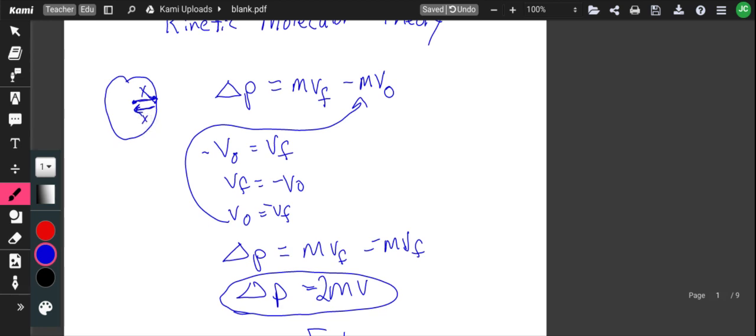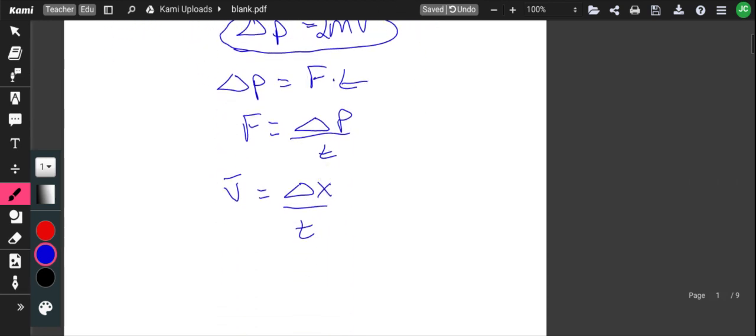So that means that if it starts at a point, goes over, and comes back, that's 2x. So v is equal to 2x divided by t, or we could say, in this particular case, v times t is equal to 2x, or we could say that t is equal to 2x divided by v.